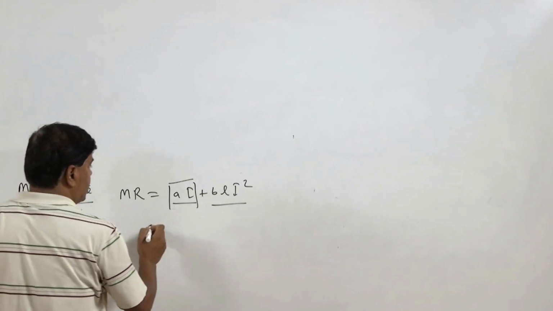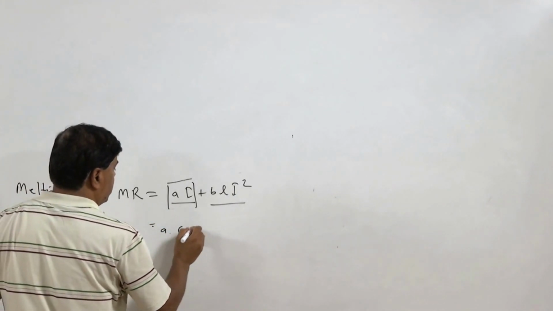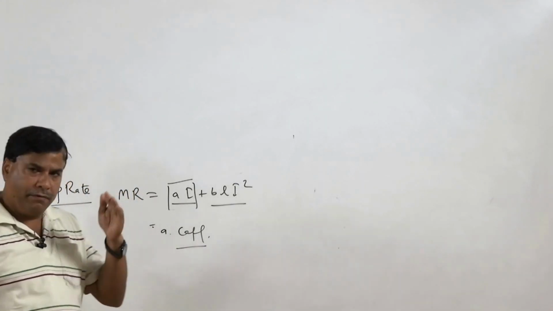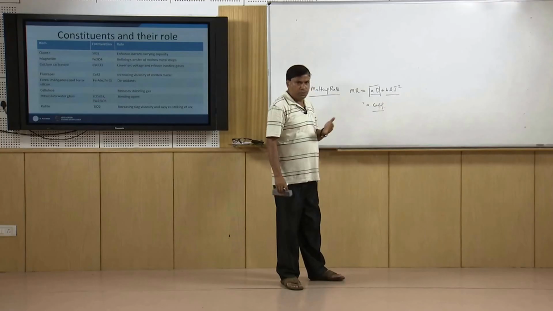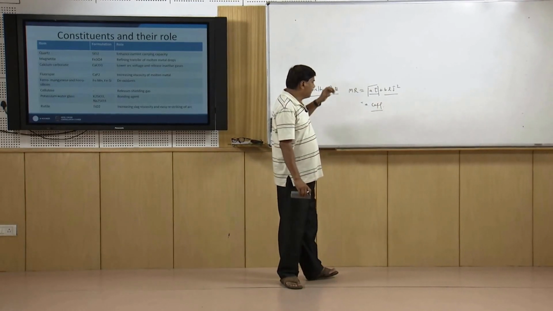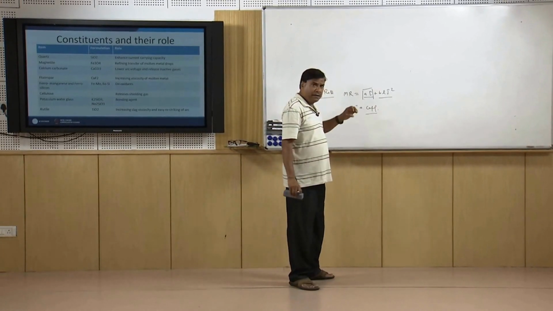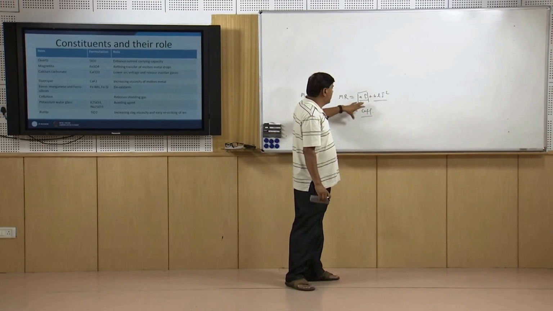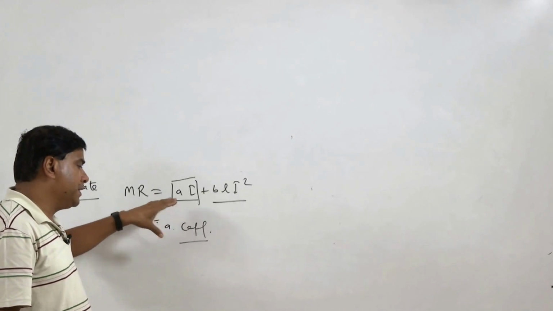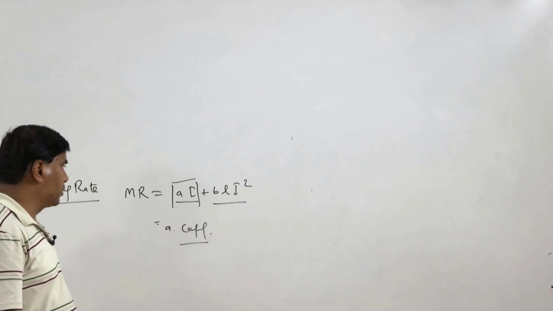A is the coefficient or constant which accounts for the voltage drop in the anode or cathode drop zone, the chemical composition, and all the material and process related factors that affect the heat generation in the anode or cathode drop zone.